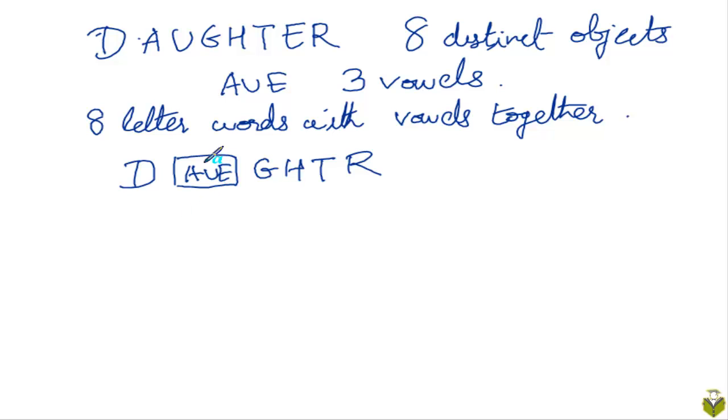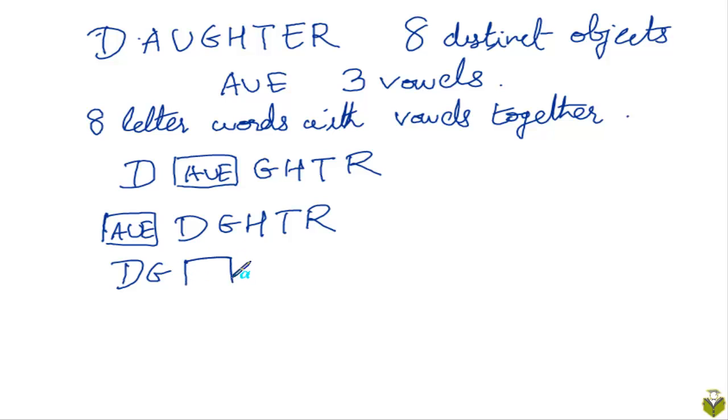But I can move this piece with A, U, and E together in front or back anyways, right? I can do A, U, E, D, G, H, T, R. This is also a good arrangement, which will produce an 8-letter word. And I can also move it here, right? So all these arrangements are possible.